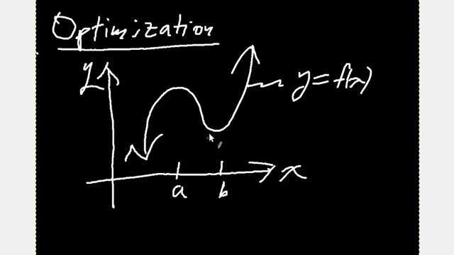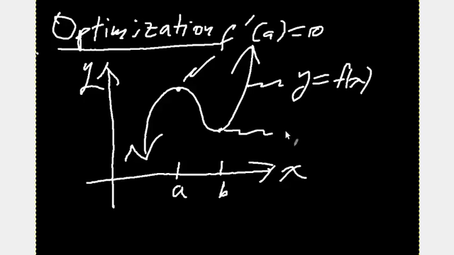Now you may recall that from a graphing standpoint, the derivative tells us the slope of a graph at a point. At the point at x equals a and the point at x equals b, the slope of the graph would be 0 there, which means that the first derivative f prime of a is 0, and the first derivative here, f prime of b, is also 0.